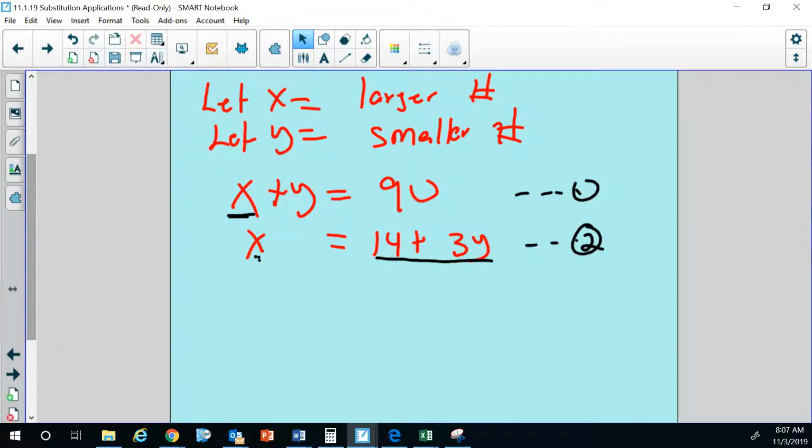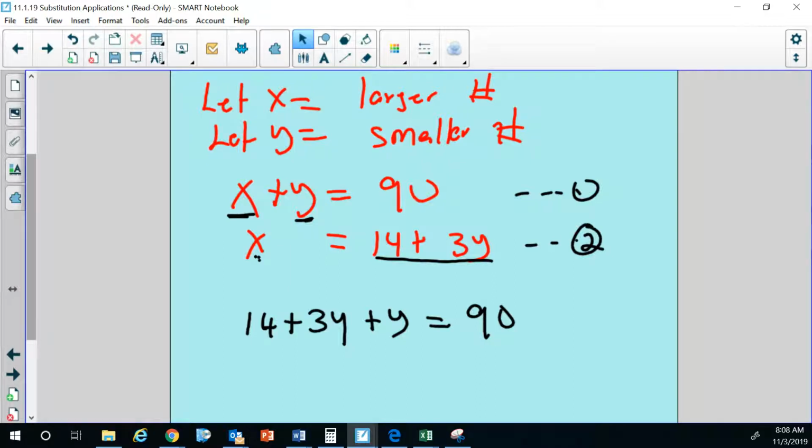So in my first equation, I have x, but I'm going to replace that with 14 plus 3y, right? Then I have a plus y, therefore I must put another plus y in the new equation, which is equal to 90.